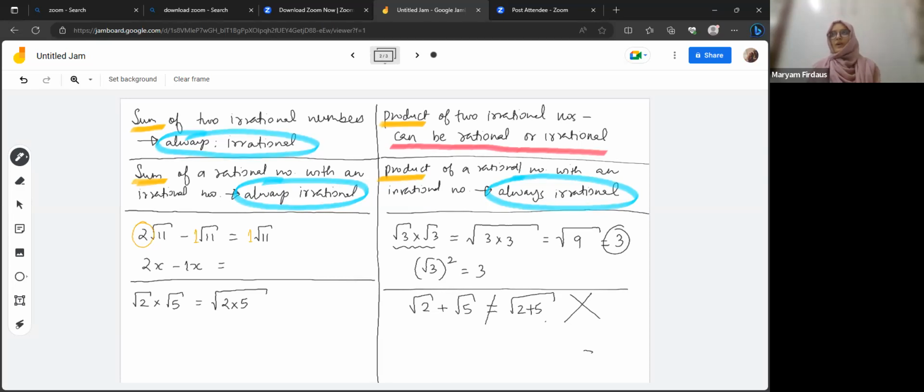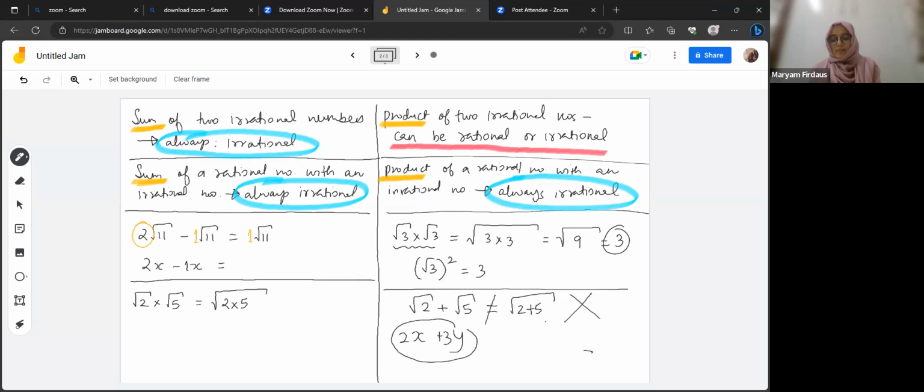This is why I asked you to compare it with variables. When you have a variable x and a different variable y, when the variables are different, can you add them? No, you can't. Let's say if you have 2x plus 3y, can you say it is equal to 5xy? No, you cannot, right?